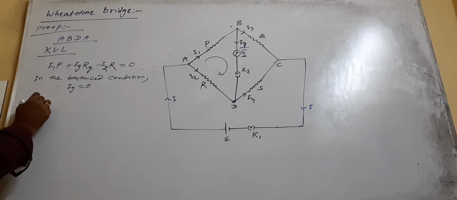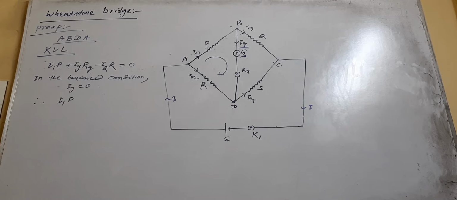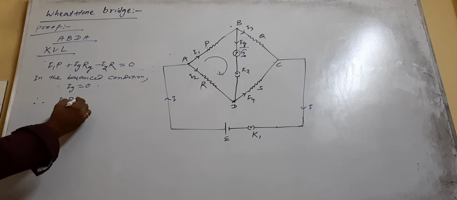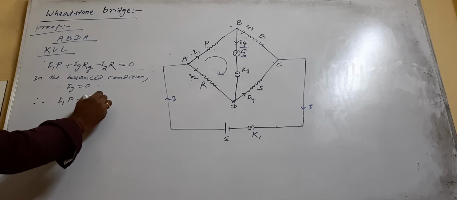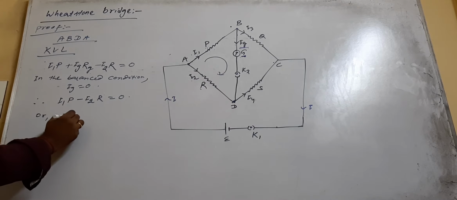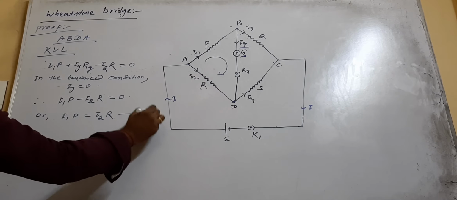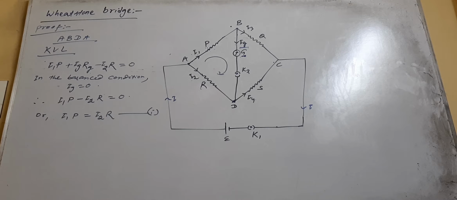That is, when you put Ig is equal to 0 in this equation, you will get I1P minus I2R is equal to 0, or I1P is equal to I2R. Let it be equation number 1.